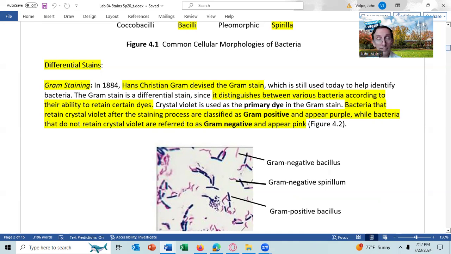The difference is just whether the cell retains the crystal violet, the primary dye of the Gram stain. Bacteria that retain the crystal violet are classified as gram positive, and they will stain purple, as shown here. And then the gram-negative cells do not retain the crystal violet, and they appear pink, as shown here and there.